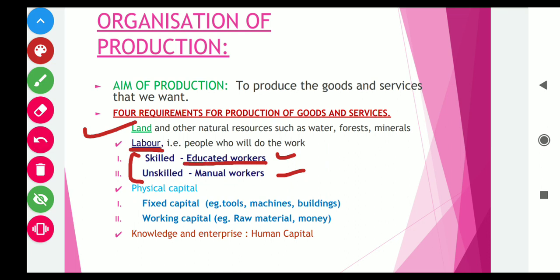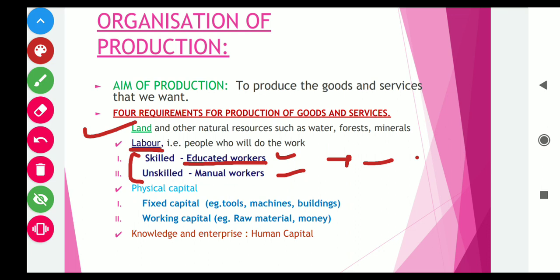For example, in a software company, we need some skilled people, educated people who can perform the work. And there are many other types of work that doesn't require the special skill or education to perform it.